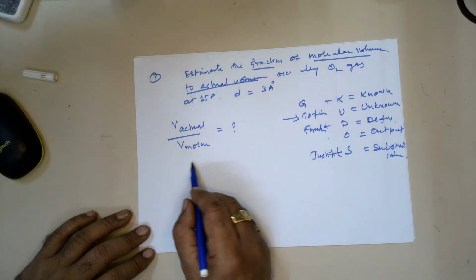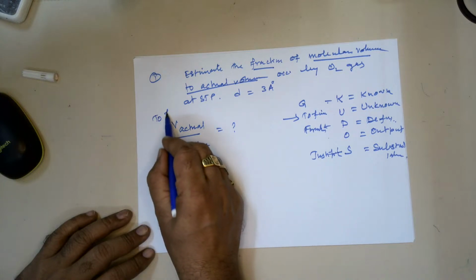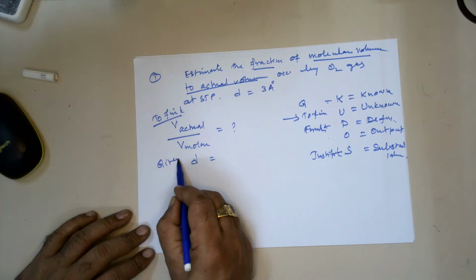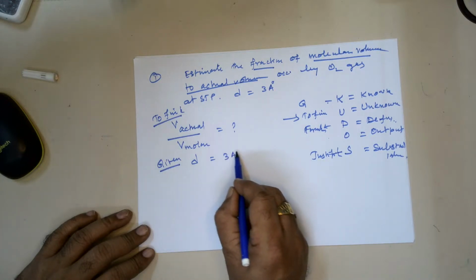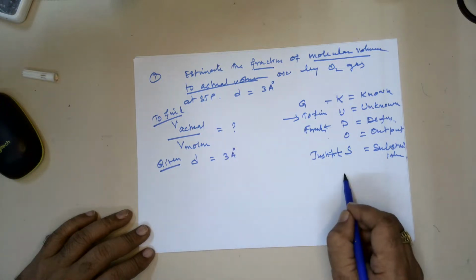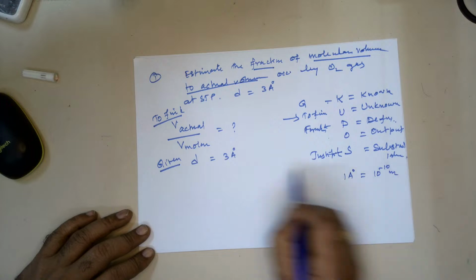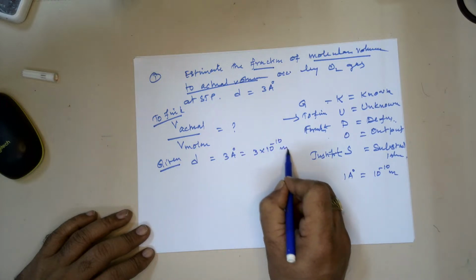The diameter is given, in 3 Angstrom unit. 1 Angstrom is equal to 10 power minus 10 meter. So you have to put 3 into 10 power minus 10 meter.